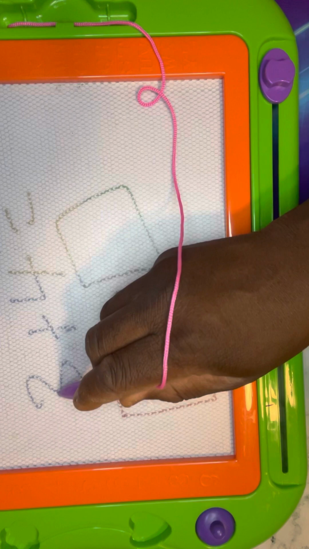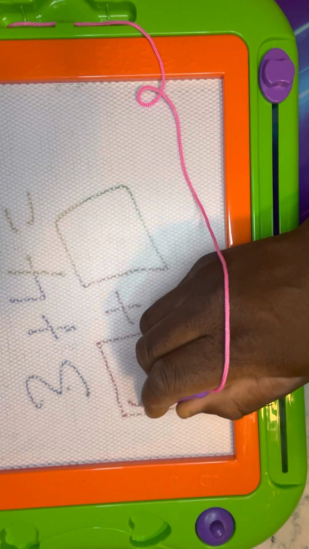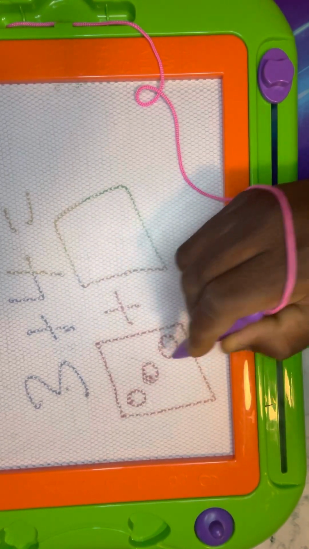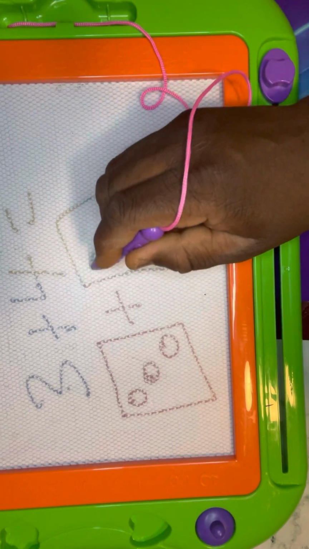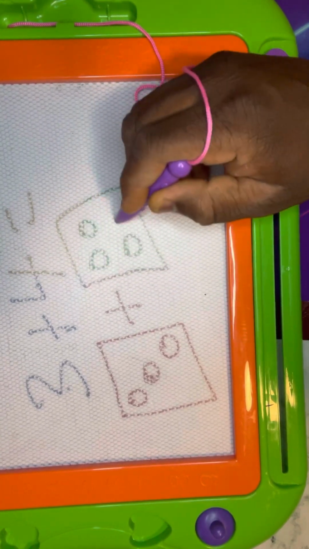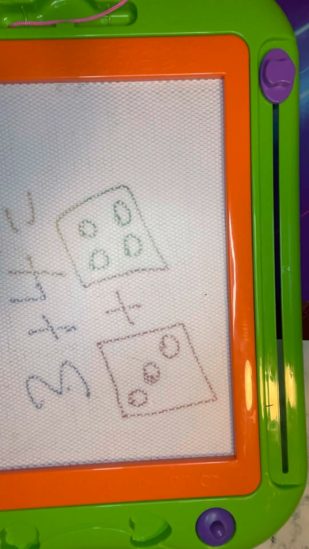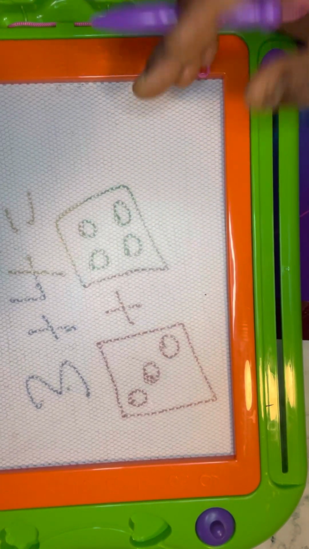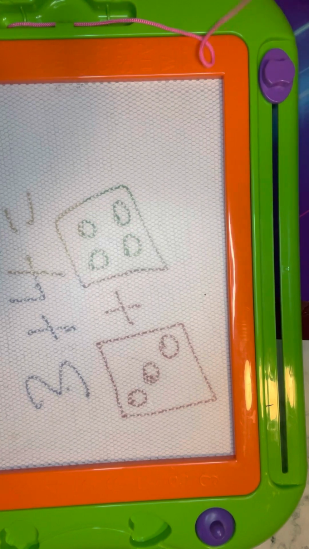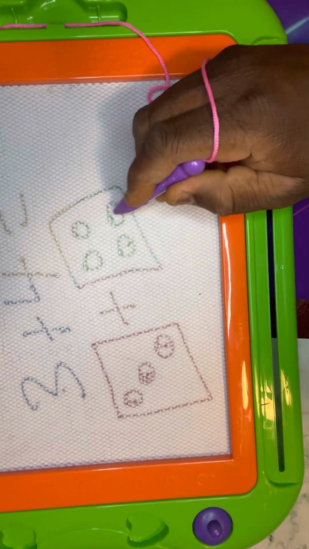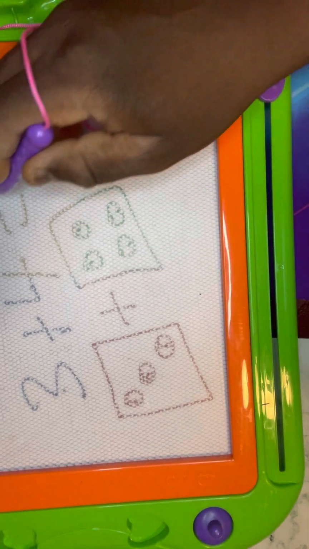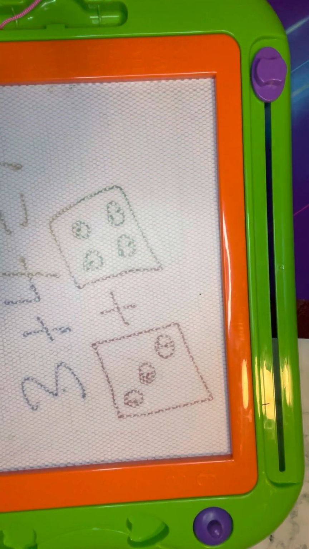So this is 3, so you will draw 3 oranges in this box. And this is 4, so you also draw 4 oranges into this box. The total becomes your answer. So we have 1, 2, 3, 4, 5, 6, 7. So the answer becomes 7.